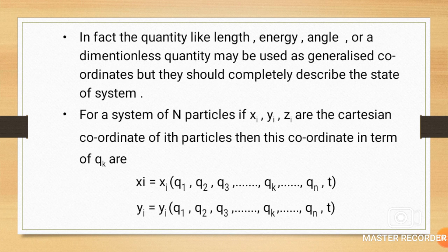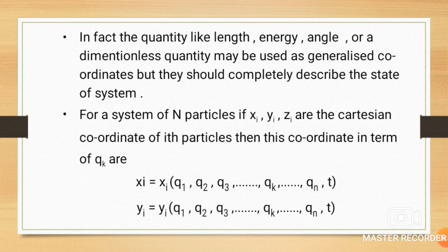For a system of n particles, if x, y, z are the Cartesian coordinates of the ith particle, then these coordinates in terms of q_k are as follows. Suppose we take a system of n particles, and for a particular particle, the ith particle, the Cartesian coordinates are xi, yi, zi.